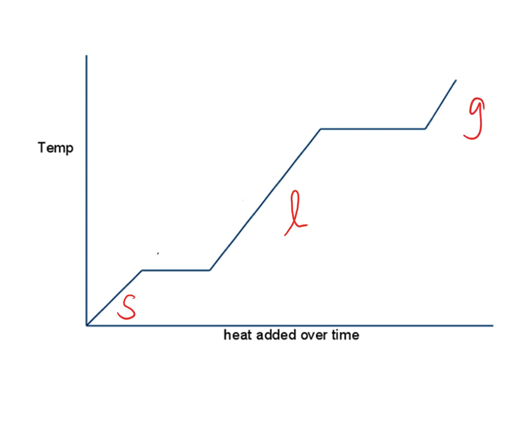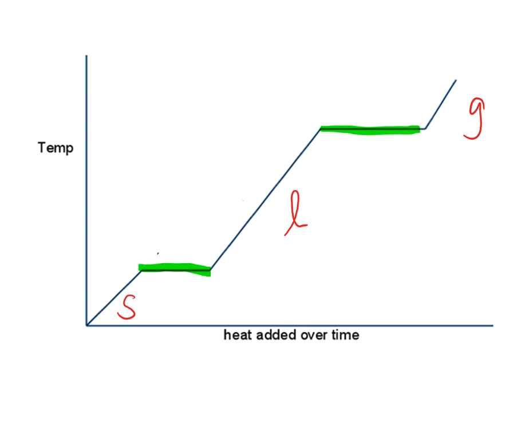The areas in between, these horizontal lines, indicate the phase transition in which we're going from one physical state to the other. So melting or freezing, as well as vaporization or condensation, depending on whether we're going up or down. But that is how we look at a heating curve to determine what physical state we're dealing with.